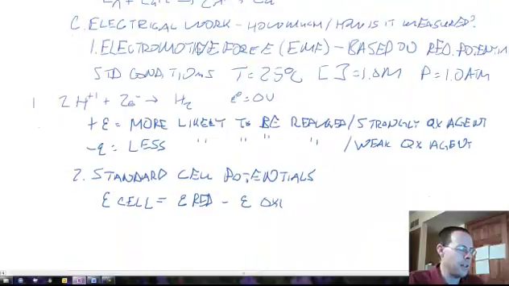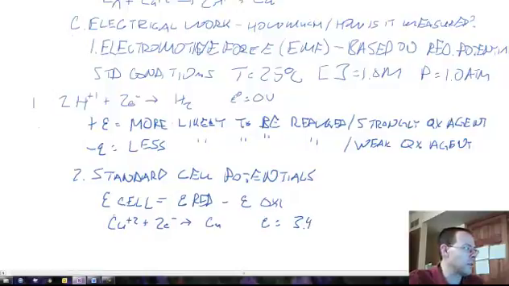where we were just at, alright, and we look up values in a standard reduction potential guide, we're going to see that Cu2+ plus 2 electrons, which is what happened, that was our reduction reaction, has an E value of 0.34 volts.